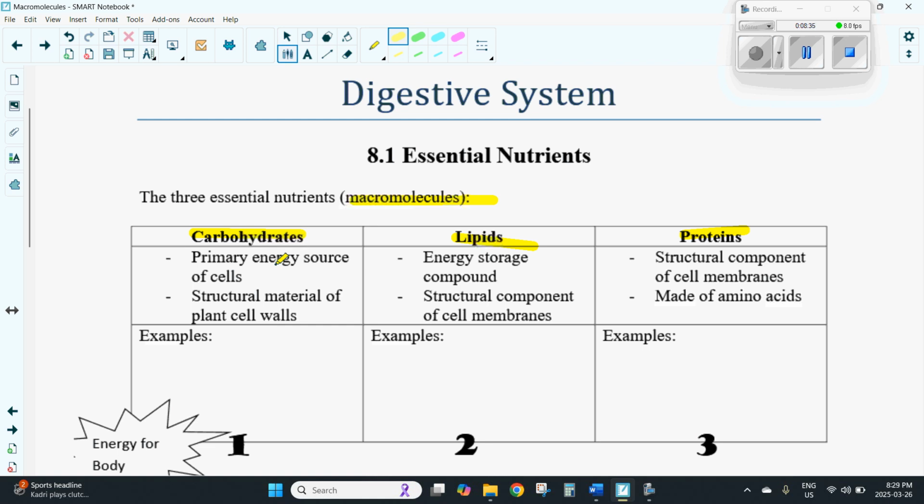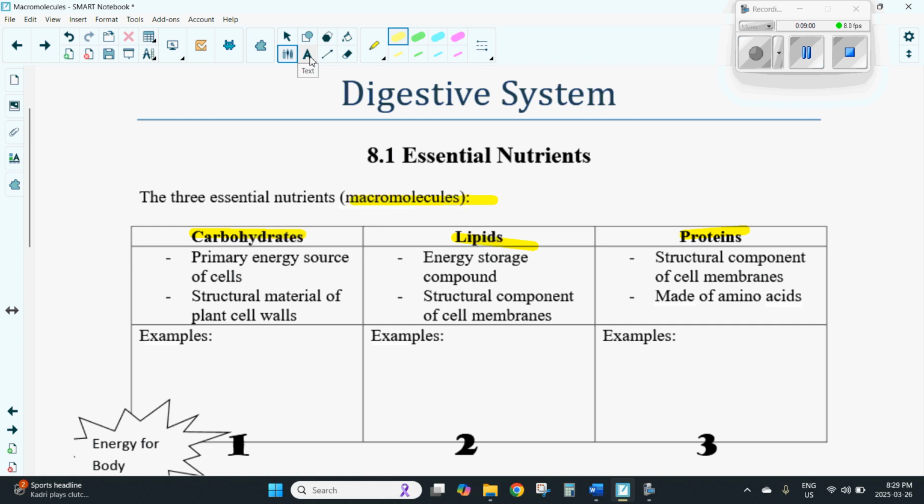Glucose, which is the main reactant of cellular respiration, is a carbohydrate. Carbohydrates come mainly from plants, which is why it says here it's a structural material of plant cell walls, because when we eat plants, we're consuming these carbohydrates.